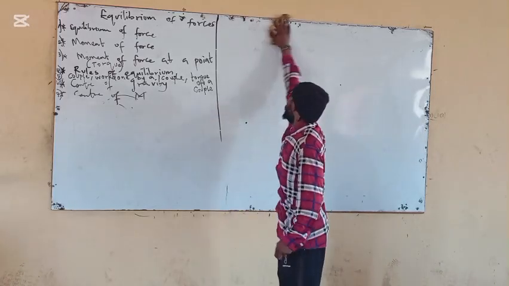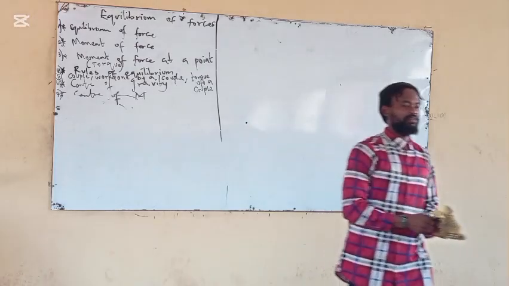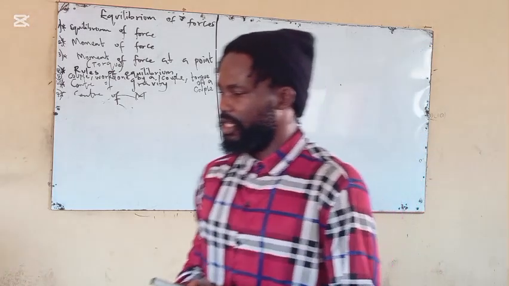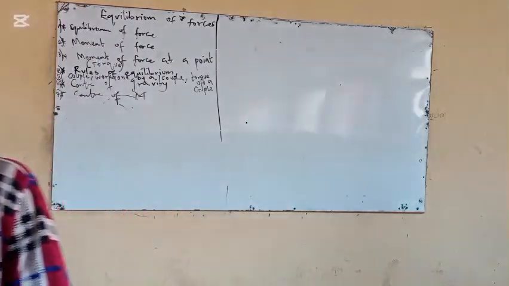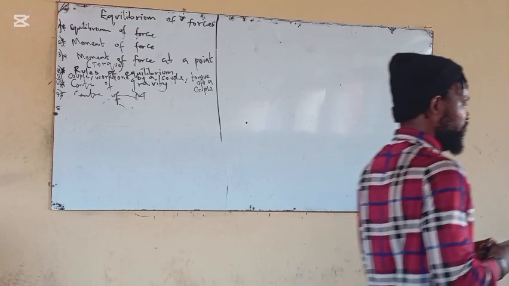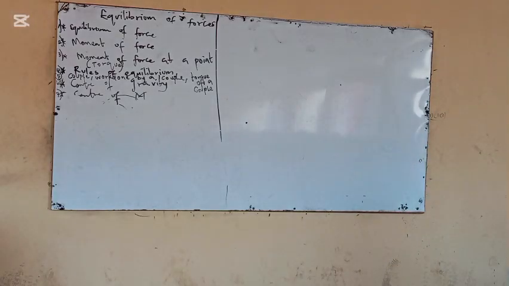Alright, so center of gravity. The center of gravity of an object is the point acting towards the center downwards.